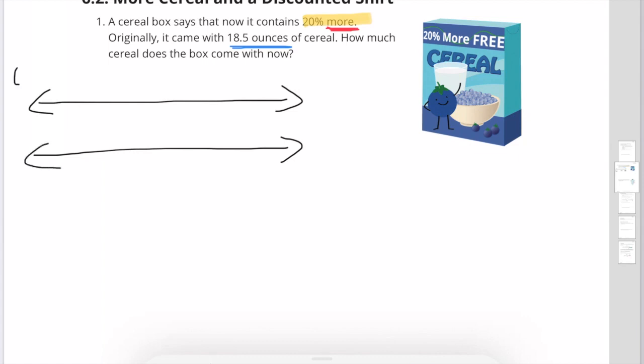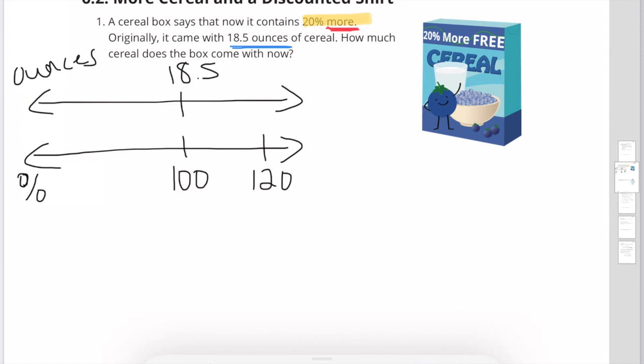If I put my ounces up here and my percents down here, I know that 100% is 18.5 ounces. But I need to know what 120% would be. Because if it's 20% more, I know there's at least 18.5 ounces in there, which is 100%, plus another 20%. So we're looking for 120%.